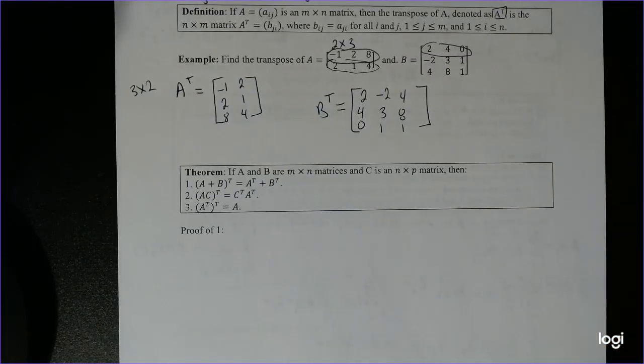Okay. Because we have this new definition, we can now apply it to old stuff, right? In other words, the old theorems we just talked about. And that's what this is all about. So let A be an n by m matrix, and let C be, again, an n by p matrix. Then all these three are true, based off the transpose of them.